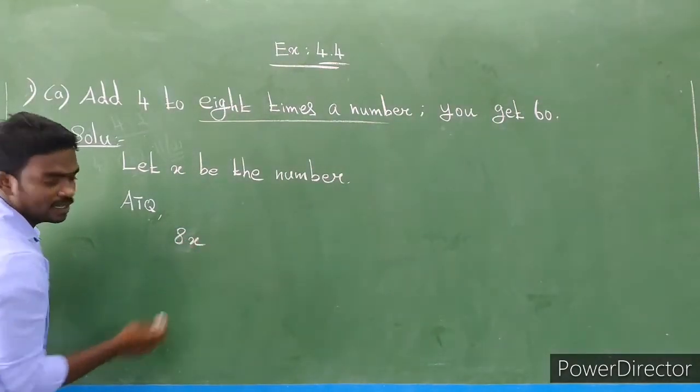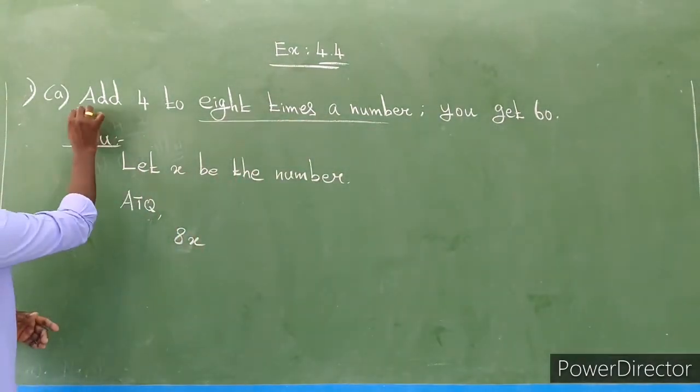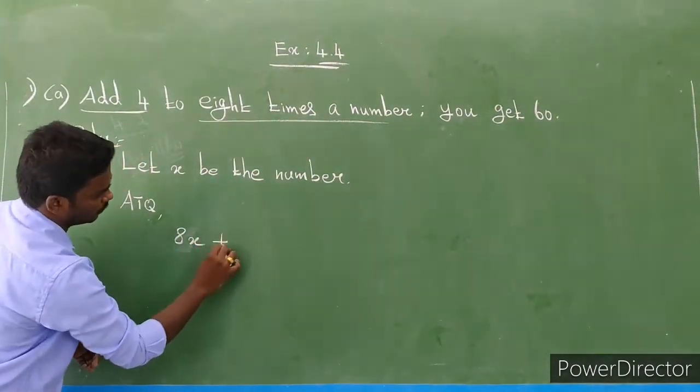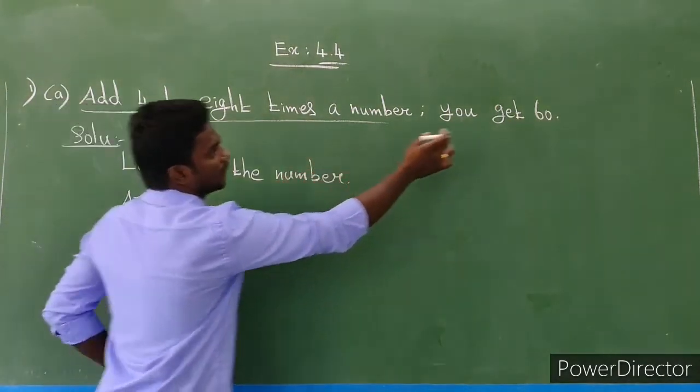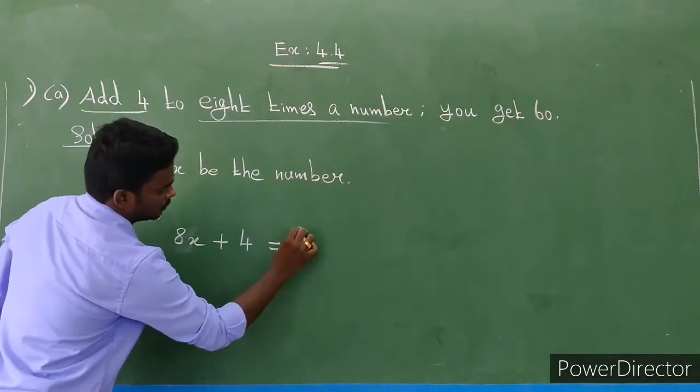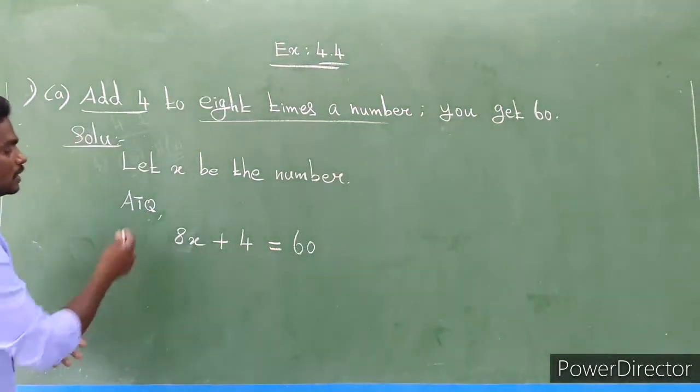Add 4 means plus 4. So 8 times a number plus 4 is equal to 60.